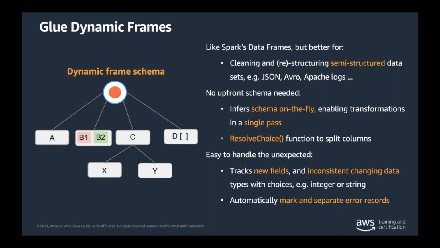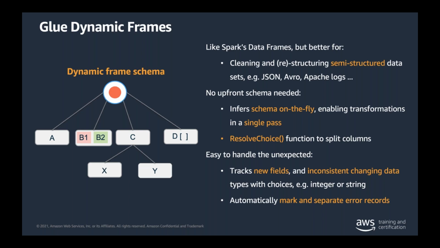So to overcome this problem, you could simply use dynamic frames to solve that issue. For example, the resolve choice function of the Glue dynamic frame would simply split this column into two columns, column B1 and B2, on the fly, where B1 would hold the numeric values, whereas B2 would just hold the string values.